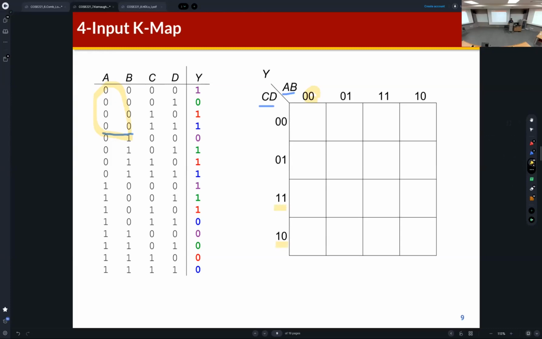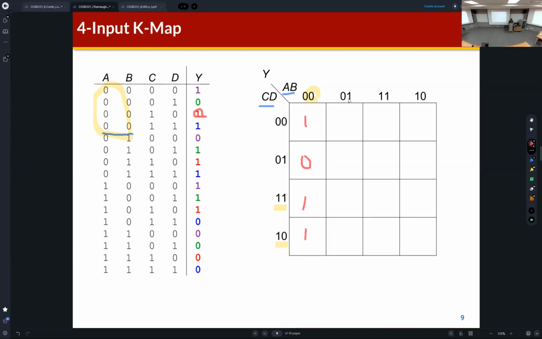So how can we allocate the output values? It's 1, 0, 1, 1. We can allocate output values Y like this.